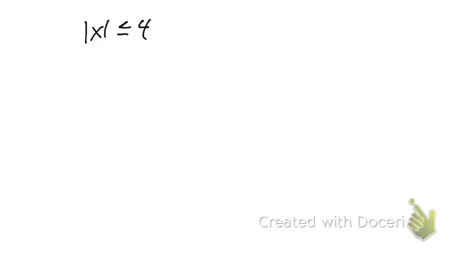Does negative 4 work? Is the absolute value of negative 4 less than or equal to 4? Yeah, it is. What about negative 5? Negative 5 doesn't work. So negative 4 works, negative 3 works, negative 2 works, all the way up to a positive 4. 5 wouldn't work. So I'm looking at the number line between negative 4 and 4, and that has to be a segment.